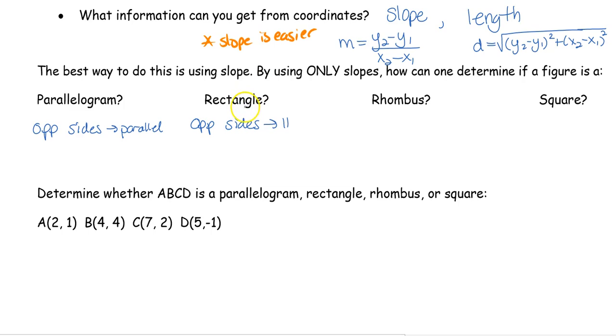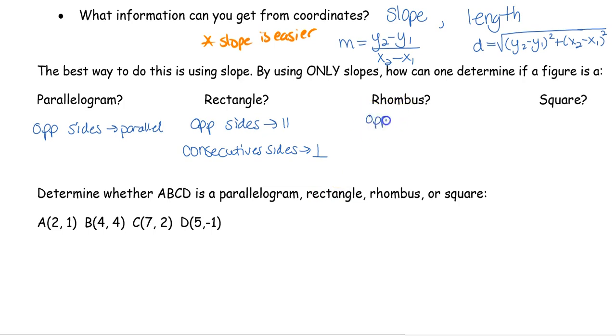But in a rectangle, we also know that the consecutive sides are forming right angles, so they're going to be perpendicular. So now we have slopes. Parallel lines, remember, have the same slopes. Perpendicular lines have opposite reciprocal slopes. So in a rectangle, we should still find those opposite sides to be parallel, but the sides right next to each other we should find to be perpendicular.